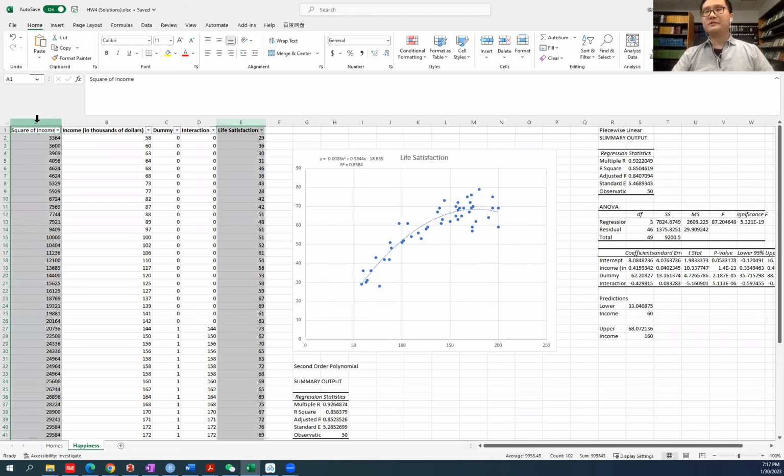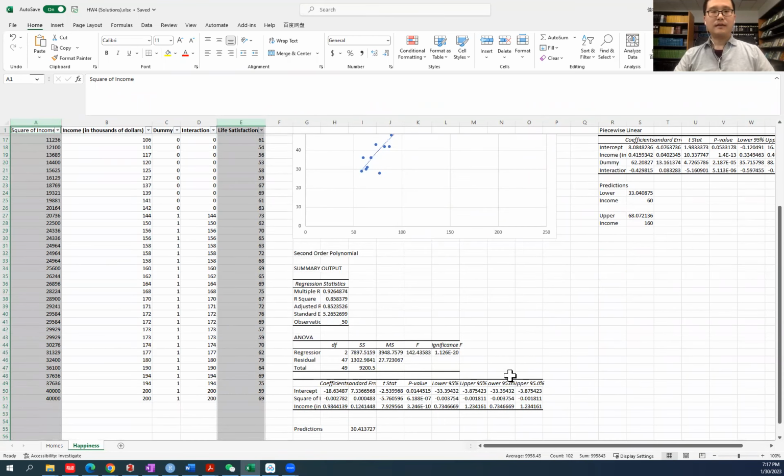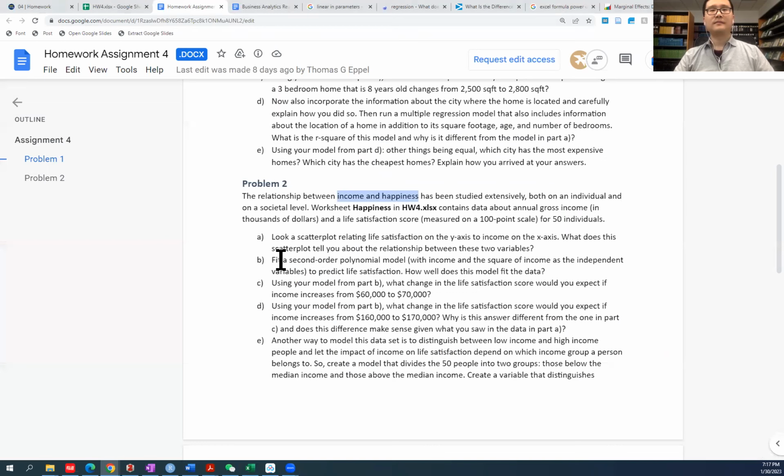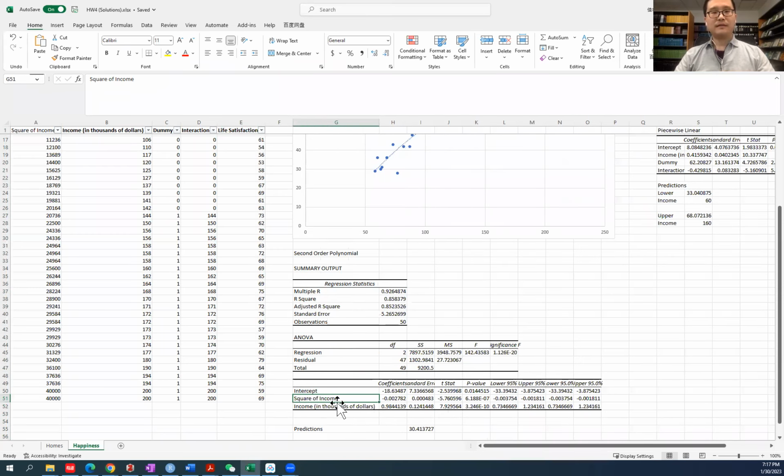It may help us to determine the coefficient of the square term, as we see here in our question 2, part B, right? Where we fit a second order polynomial model. That means we should have 2 predictors, income and the square of income.